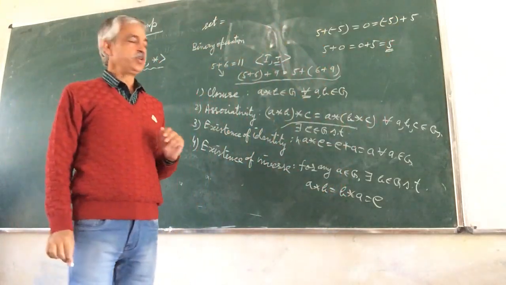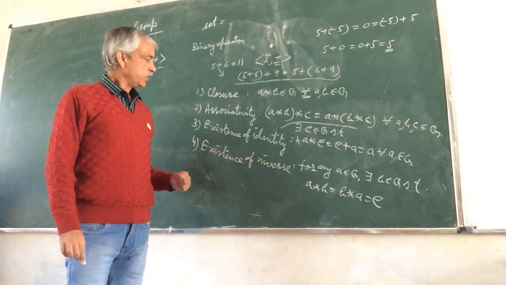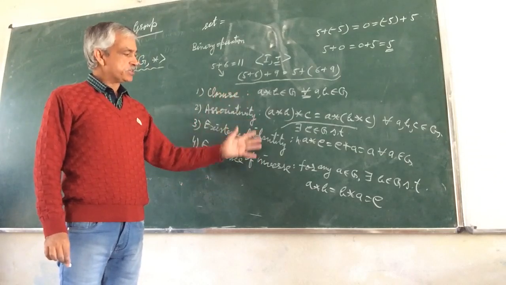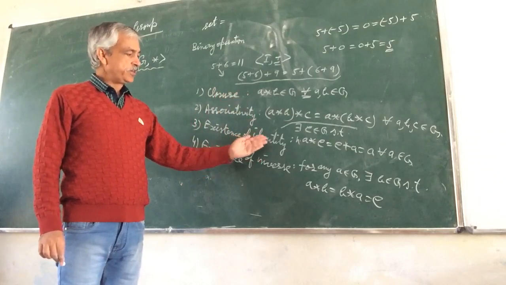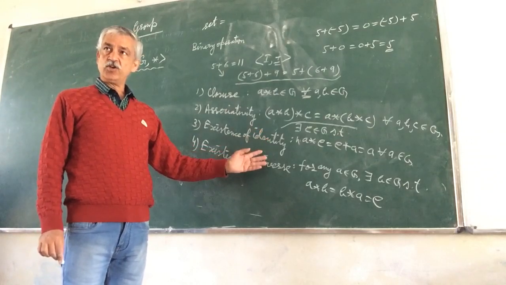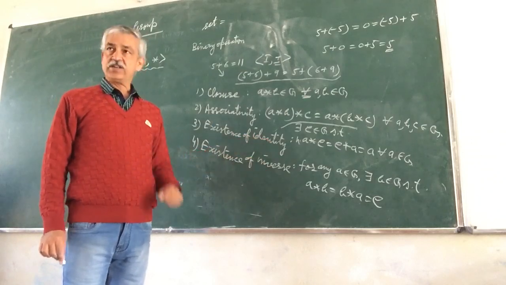So this is the property of existence of inverse. In fact, you have already studied many properties of identity and inverses. For example, these are unique in a group. There cannot be more than one identity or inverse elements.